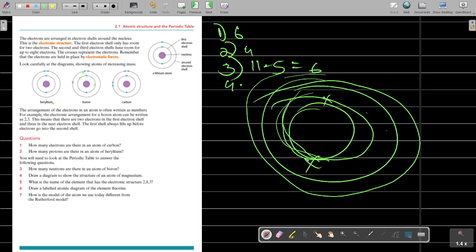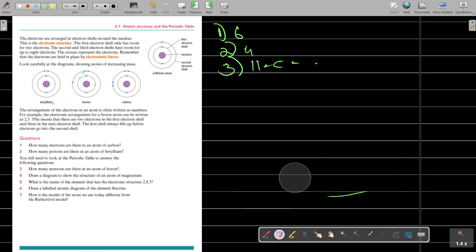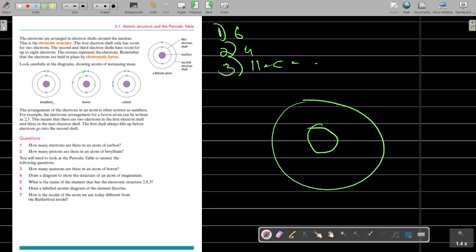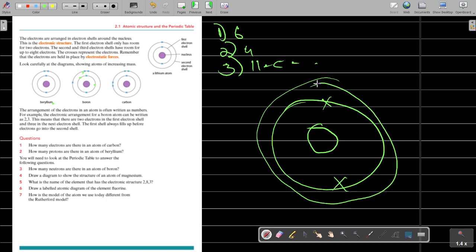So 2 here, I can fill only 2, and next I should fill 8. 1, 2, 3, 4, 5, 6, 7, 8, 9, 10.